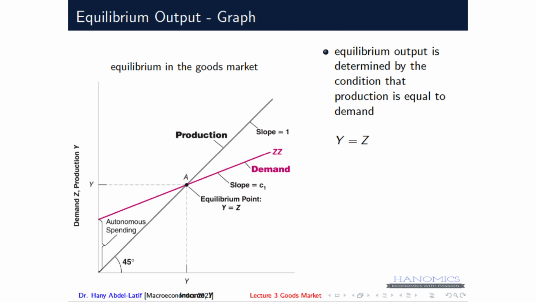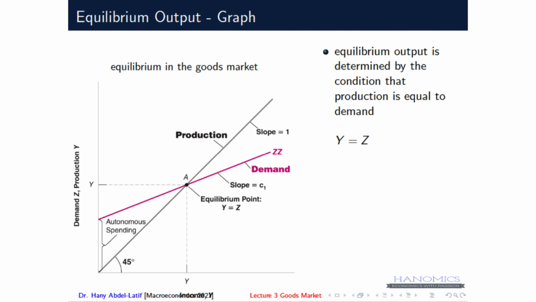So now let's think of where the equilibrium is here. The equilibrium happens at point A, where the intersection happens between Y and Z. Y is production, output, presented by this 45-degree line, and the total demand is presented by the red line. The intersection between both, denoted here as A, represents the equilibrium point where production equals demand, or Y equals Z.